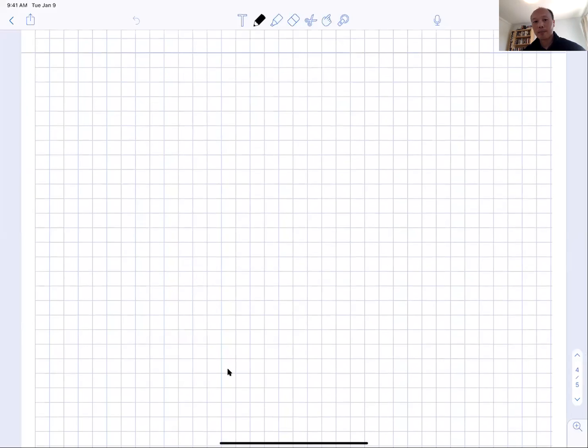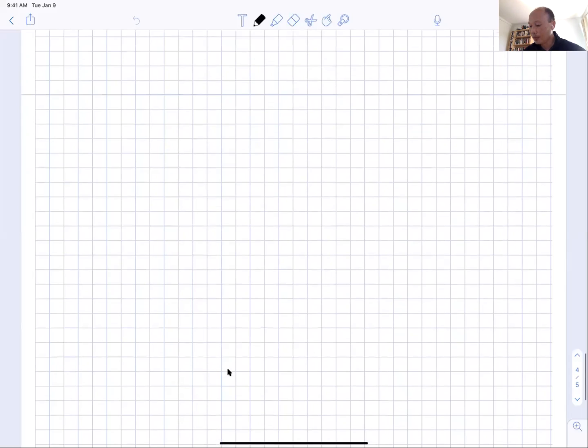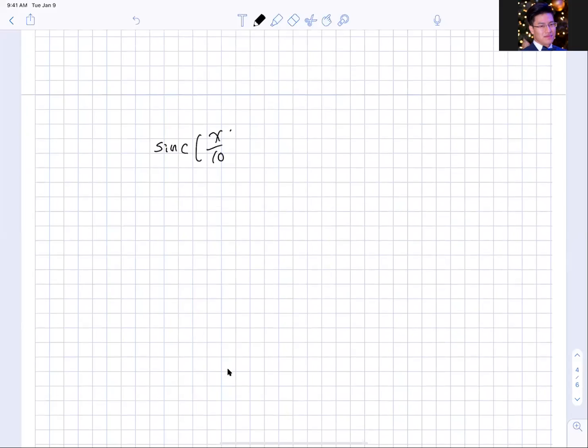Can you remind me what the question is again? It's basically the Fourier transformation. Tell me and I'll write it down. It's sinc of x over 10 convolved with cosine 2 pi times x.